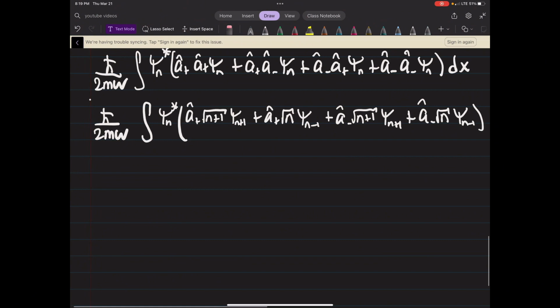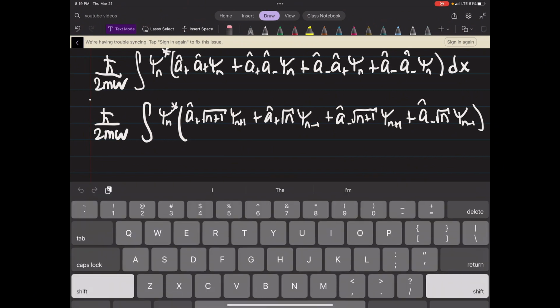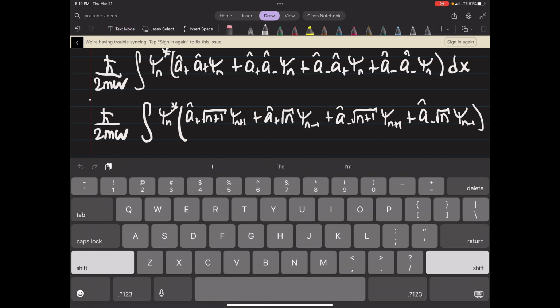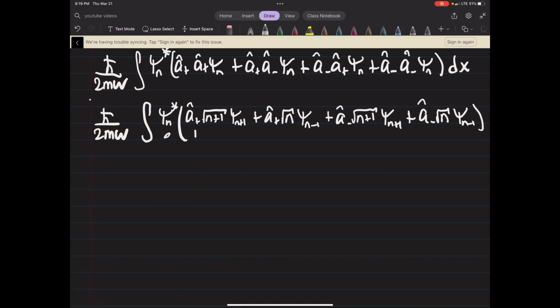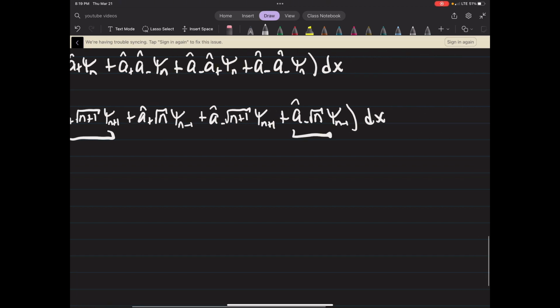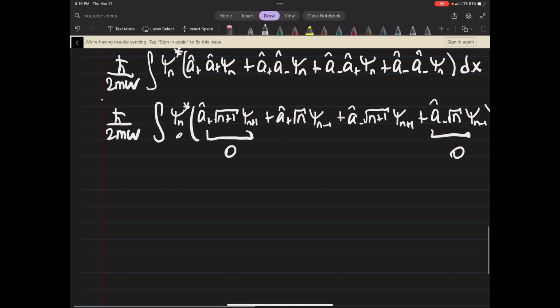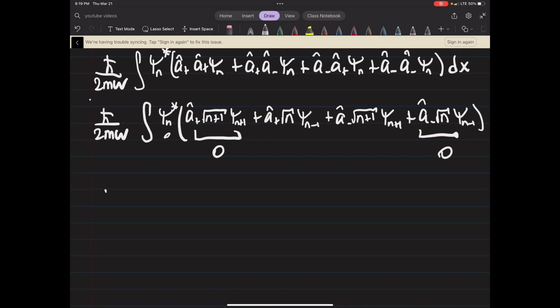So real quick, using the same idea of orthogonality, and keeping in mind that this psi sub n, complex conjugated, is going to be distributed, you can probably already see from orthogonality that these two terms are going to be 0, since those will be psi n plus 2 and psi n minus 2. So I'm not even going to worry about those anymore.